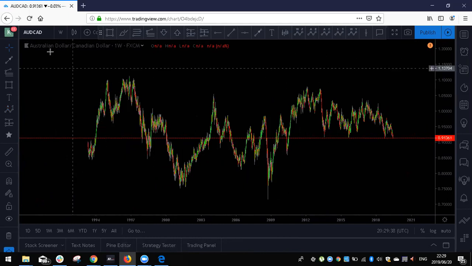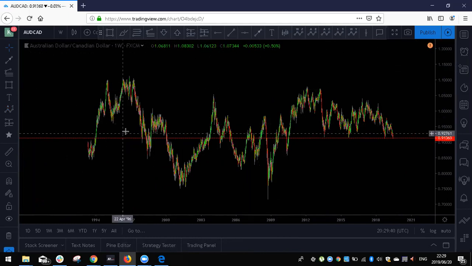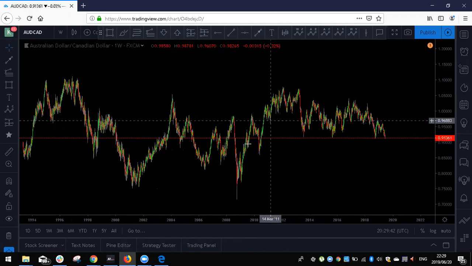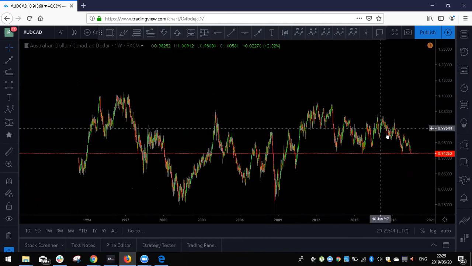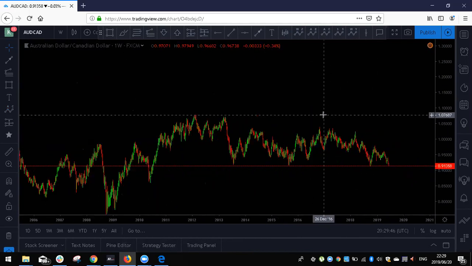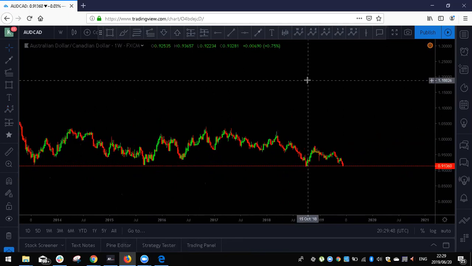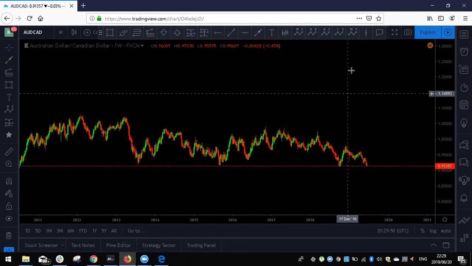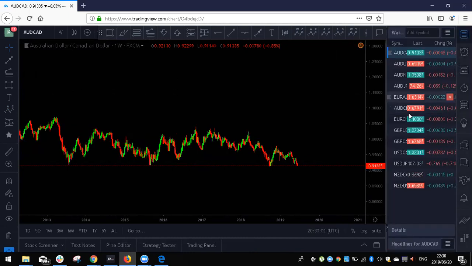This is a bad pair to learn Elliott wave because I can see the structures here are complex. Let's see what we can do though. Is this your favorite pair? No, no. I just opened this randomly. I'm not even sure which pair to choose.